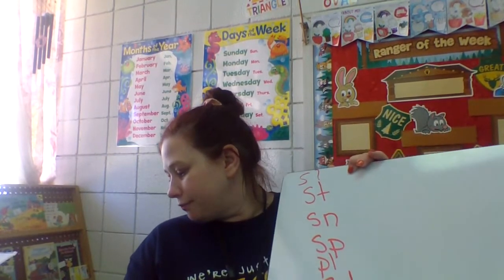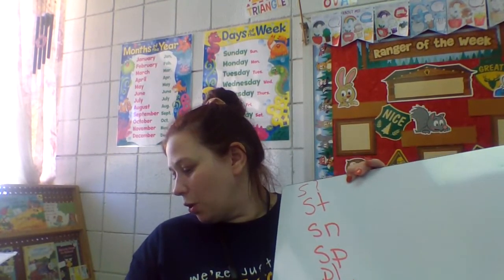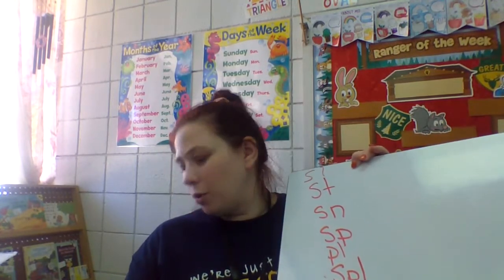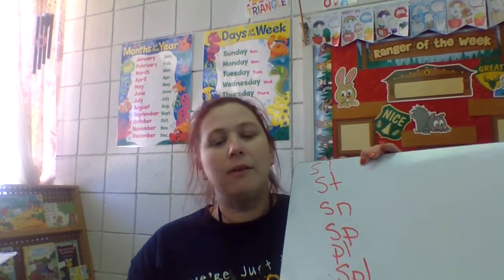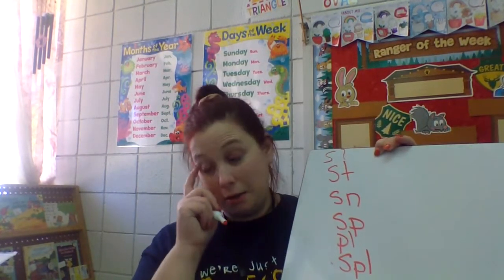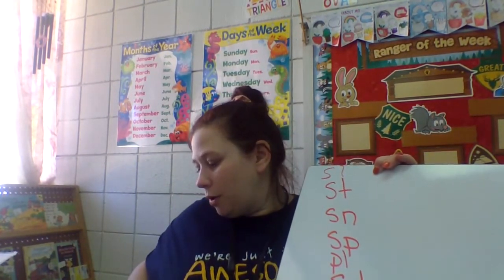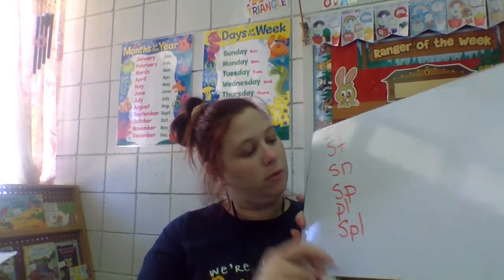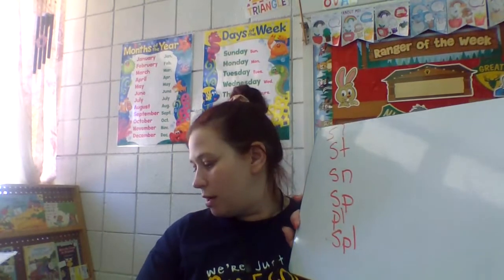All right. I'm going to say a word, and I want you to tell me what blend it is. So our first word is spill. Spill. SP. Good job. All right, our next word is sparrow. Sparrow. That's SP too.